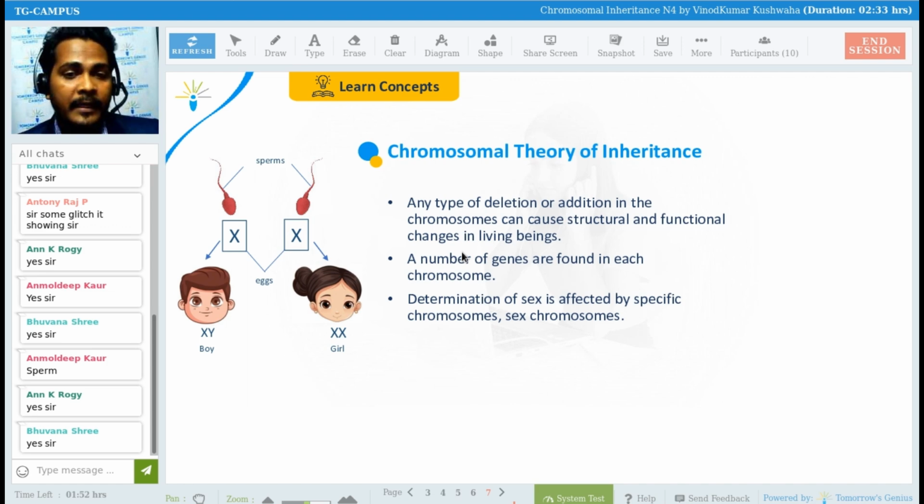Suppose if it is a loss or if it is a gain, then you will get an additional advantage, right? Like in a simple organism, if any gene or any particular part of chromosome is missed or regained, that produces structural and functional deficiency in the organism which appears physically. That will definitely appear, right?